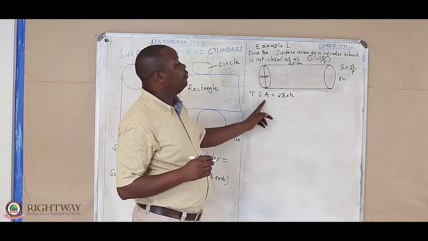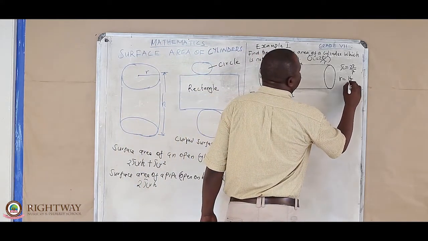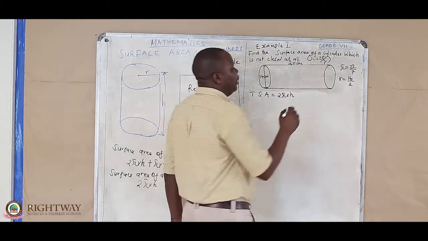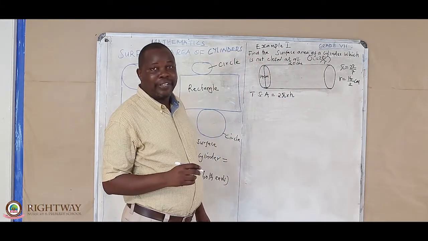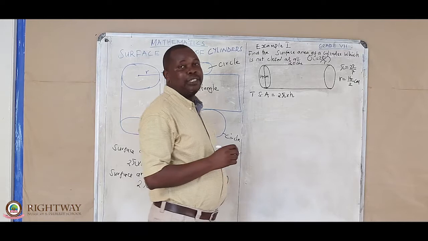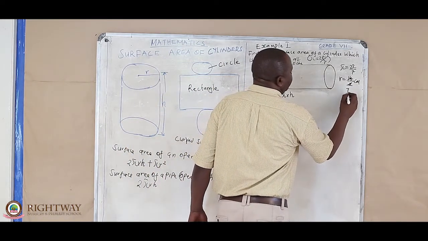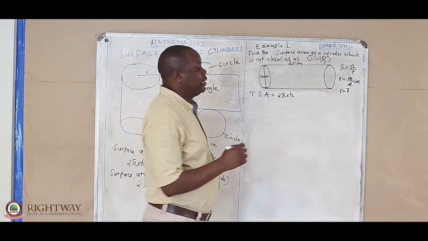But we have been given 14, which is the diameter. So our radius will be 14 divided by 2, which gives you 7. So our radius is 7 centimeters.